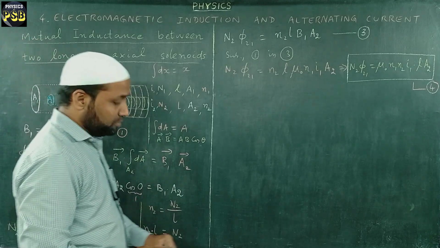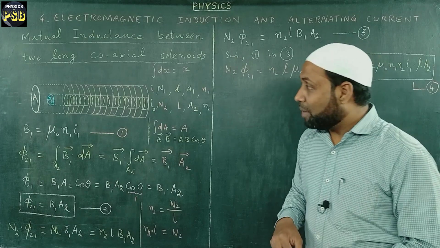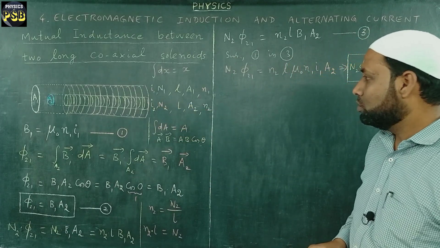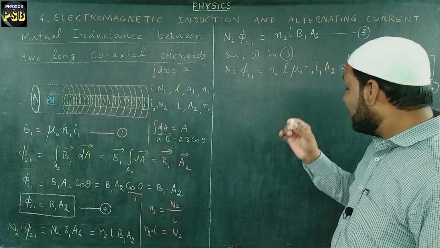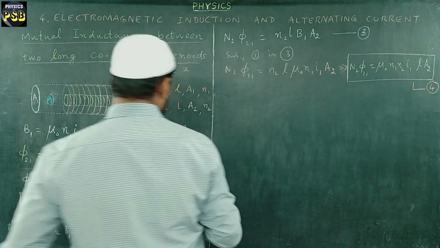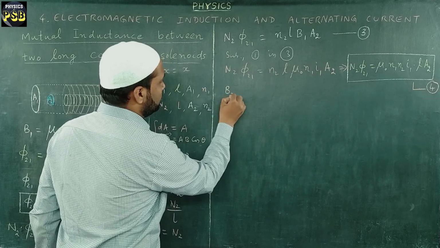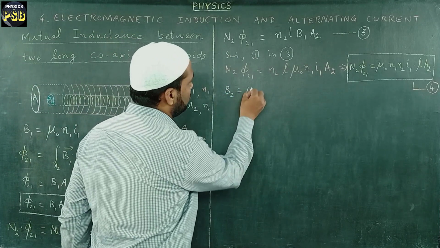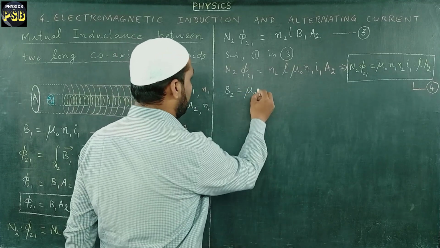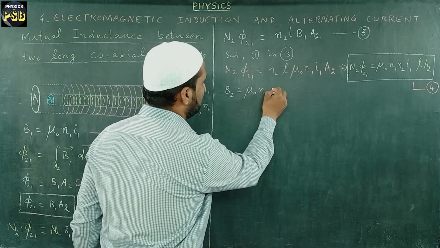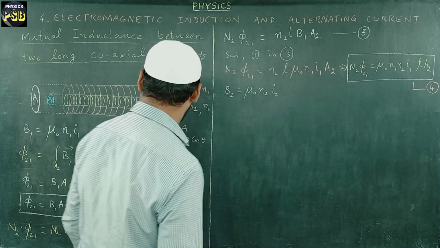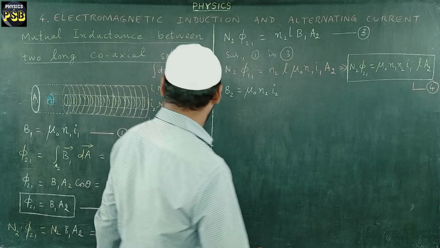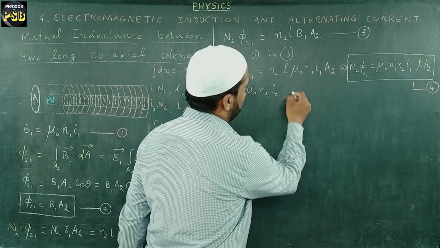Clear? So when we pass current through solenoid 2, it produces a magnetic field, represented by the letter B2, and is found to be equal to the product of mu naught n2 I2. We have done this similar to equation number 1, and it is taken as equation number 5.